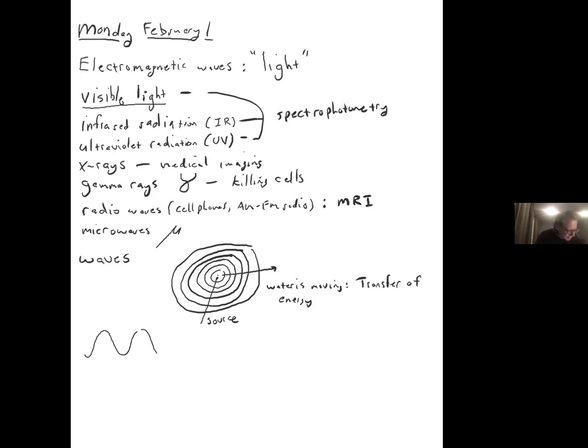This is the surface of the water. So in some places, the water is below what you would think of as the surface. So this is below the surface of the water. And in some places, it's higher. This is above the surface of the water.